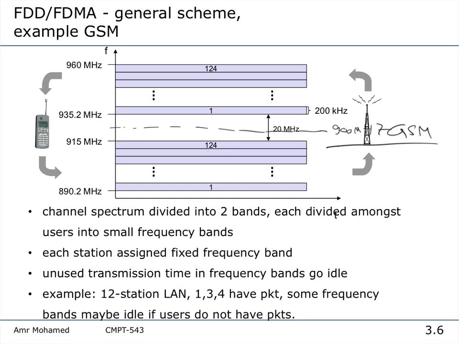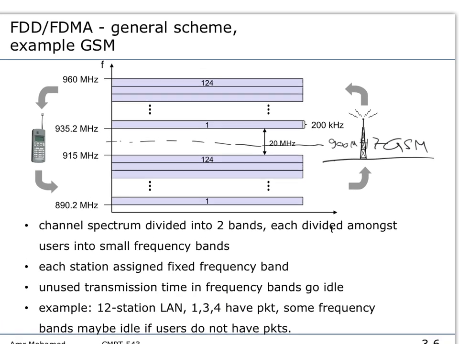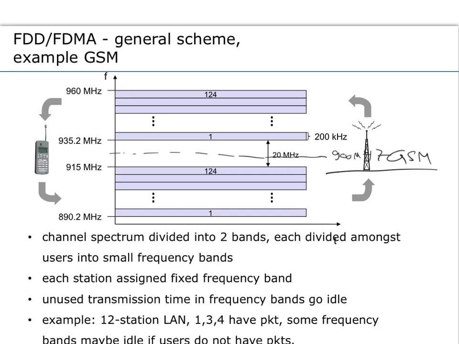And then this 900 megahertz is divided using the concept of FDD, FDMA. What this means is that first you actually divide the spectrum into two halves using FDD.